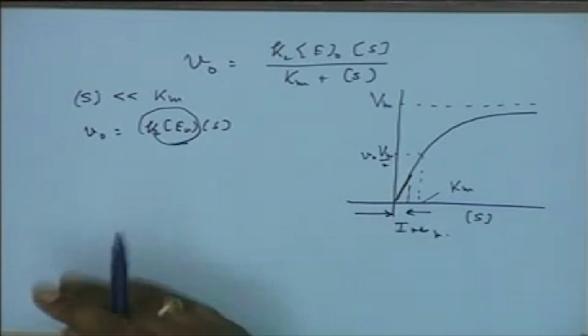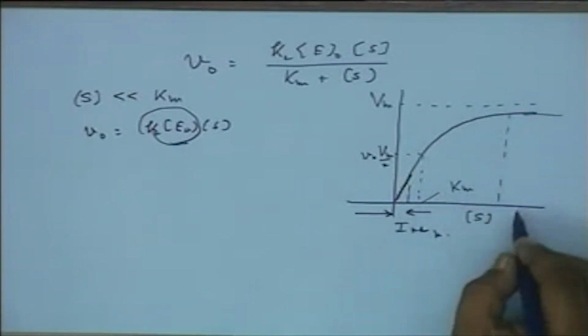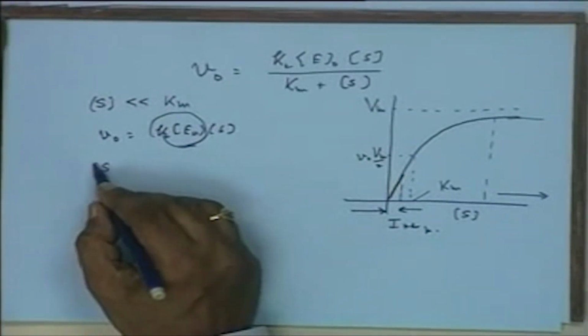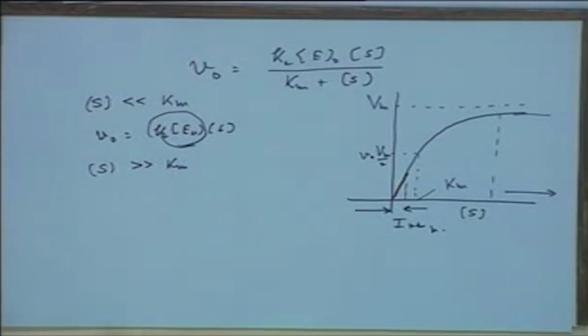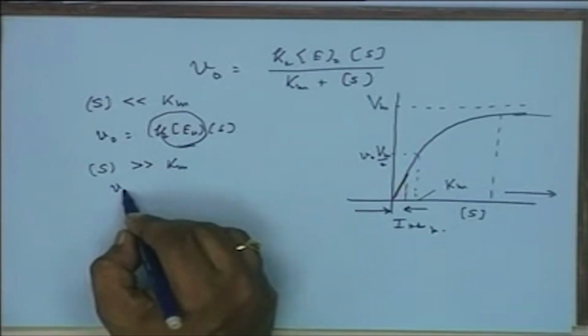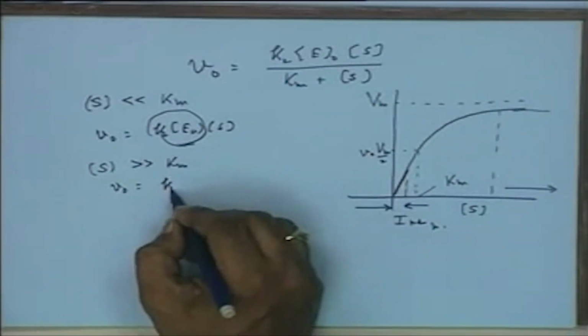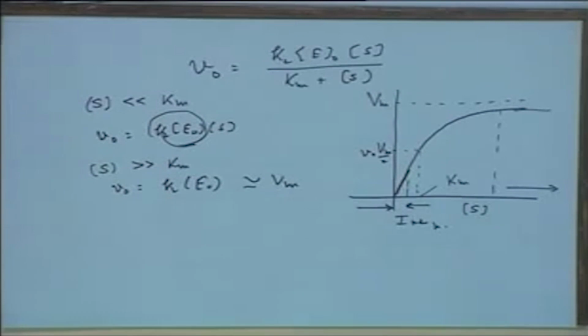Similarly, on the other extreme, if you go to the concentration beyond this point, when substrate concentration is much greater than Km, your V0 becomes K2 E0, approximately equal to Vm, which means essentially a zero order kinetics.